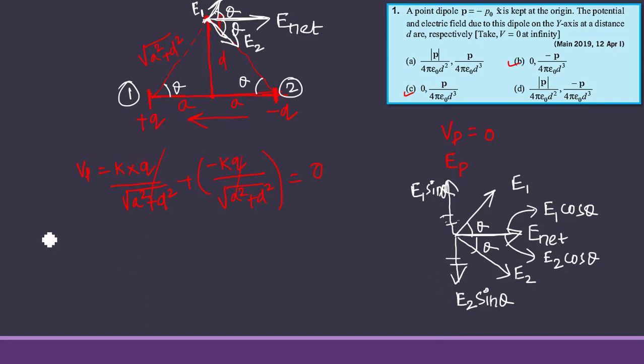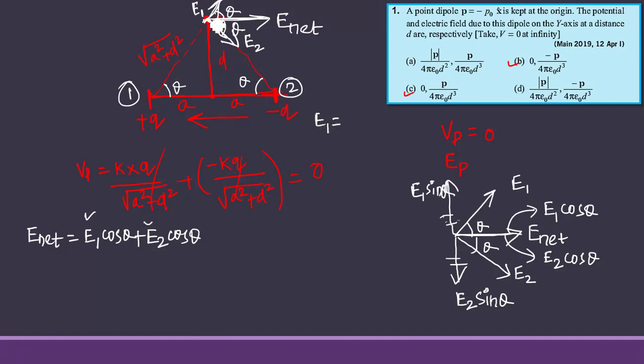So E net will be E1 cos theta plus E2 cos theta. Now we have to find the value of E1, E2 and cos theta. What is the value of E1?